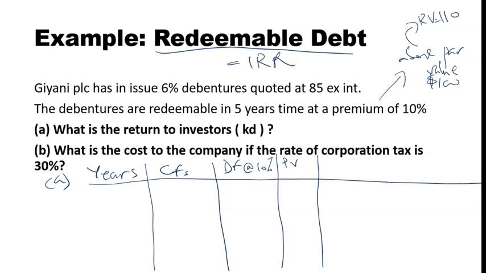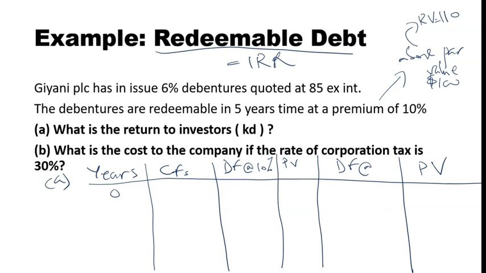And then we have another discount factor, at a percentage we are not yet sure which we are going to use. We will be led by the outcome. The first NPV is going to tell us which percentage we shall use.